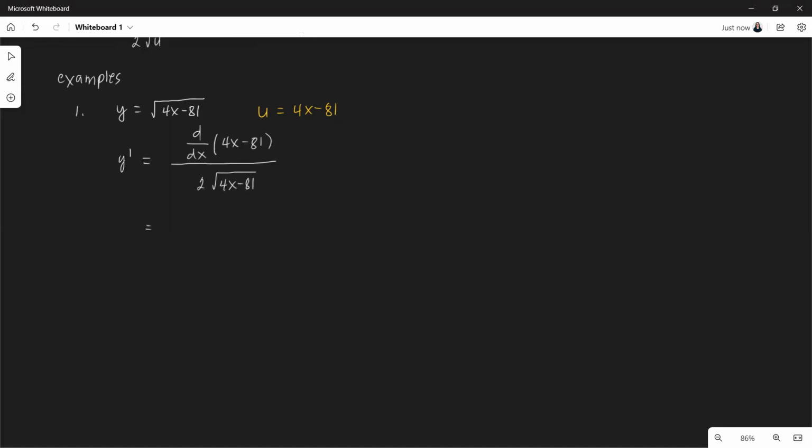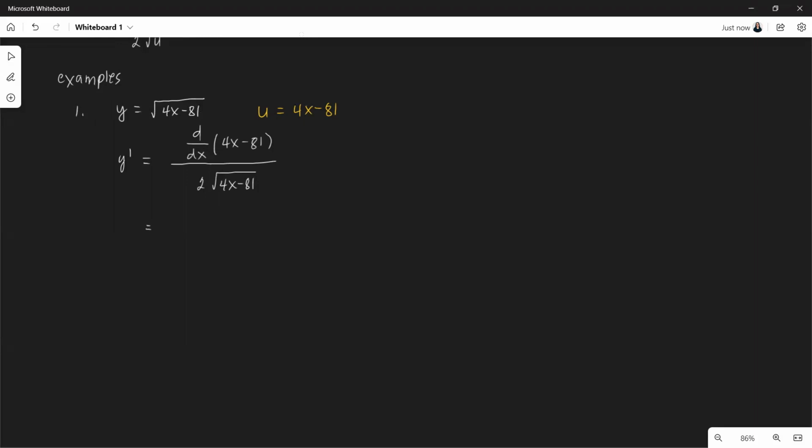So it's shorter, no? And you no longer express it as 4x minus 81, quantity raised to the power of 1 half, and then apply power rule. So this is a special case where n is 1 half, so you can just apply the rule right away.